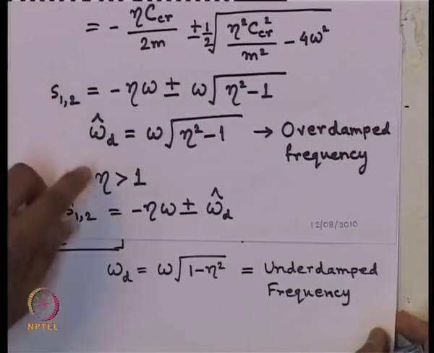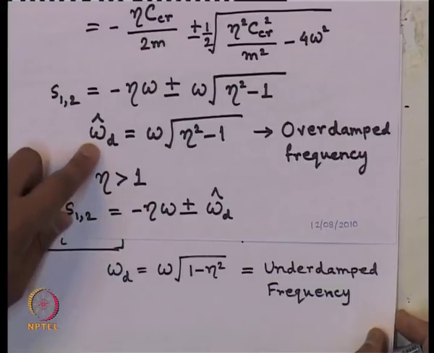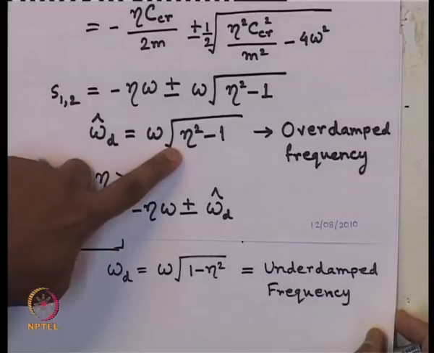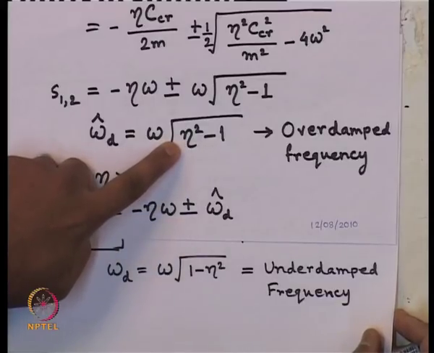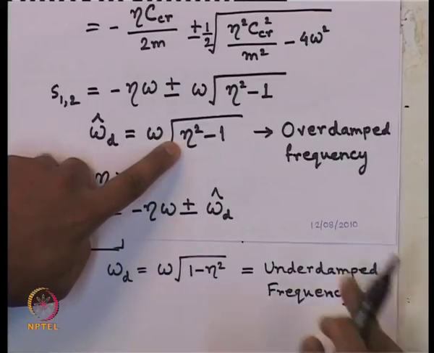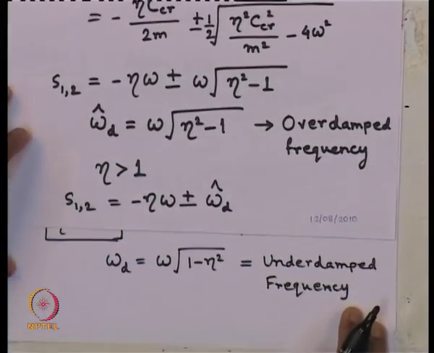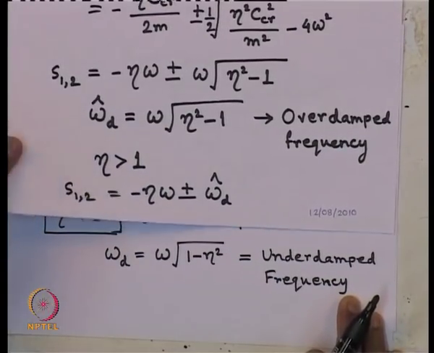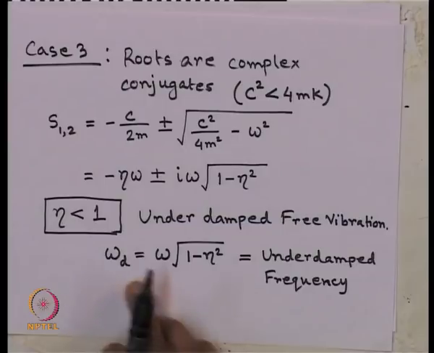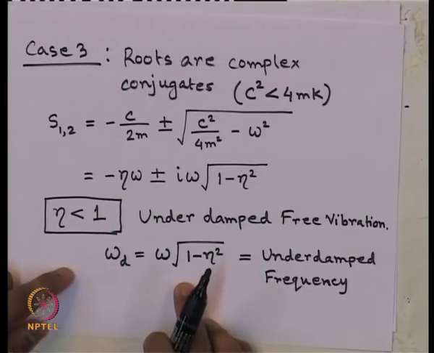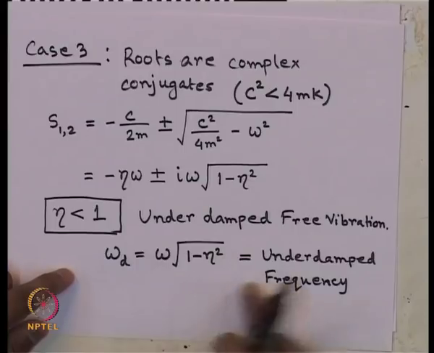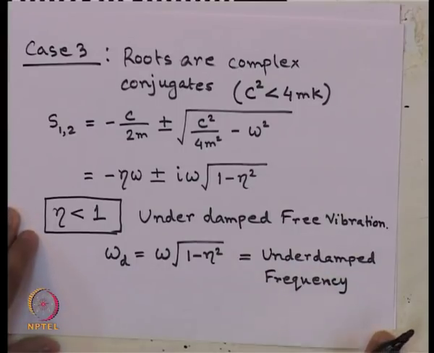Omega d cap was omega times root over eta square minus 1, because eta was always greater than 1 in that case, that is over-damped frequency. Whereas, in the third case, eta is always less than 1. So, omega d is omega times root over 1 minus eta square, which is called under-damped frequency.